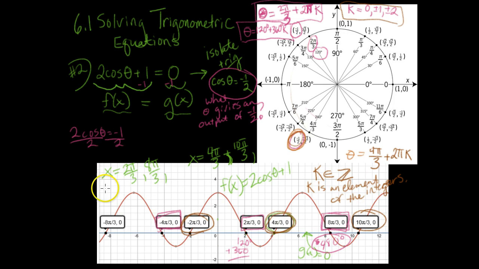So if you're confused on this concept, and we're going to keep doing it, play around with those numbers by just saying, okay, well, what is 2 pi over 3 plus, because we said 2 pi k, 2 pi times 2. Okay, so that would be 2 pi over 3 plus 4 pi. Got to get a common denominator, multiply that by 3 and 3.